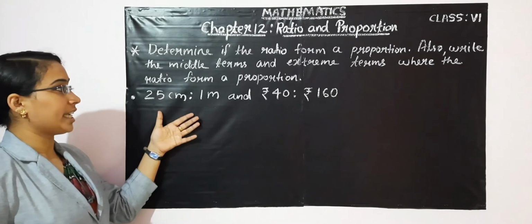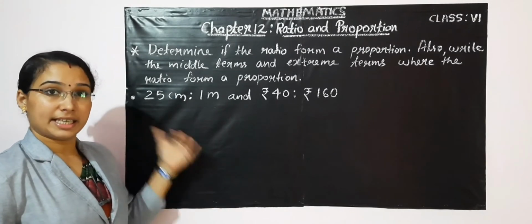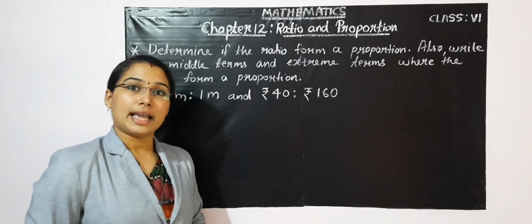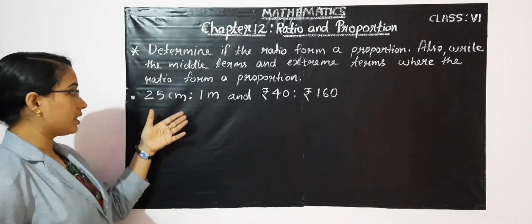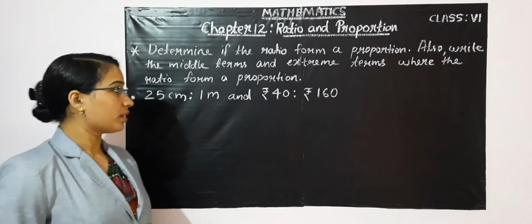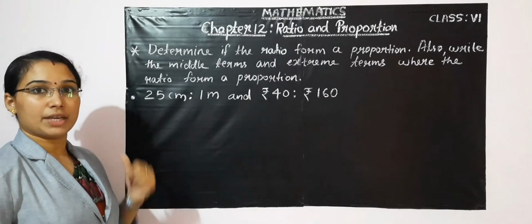So here we want to check these two ratios are in proportion or not. Then if the ratios are in proportion, we want to write the middle terms and the extreme terms. Okay. So first we can check the ratios are in proportion or not.